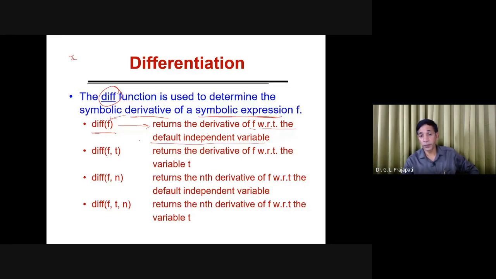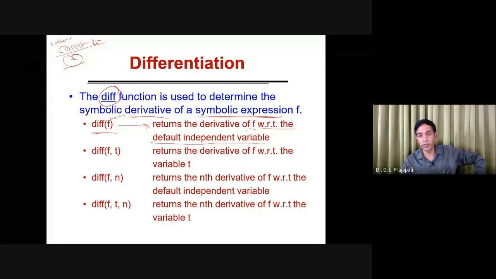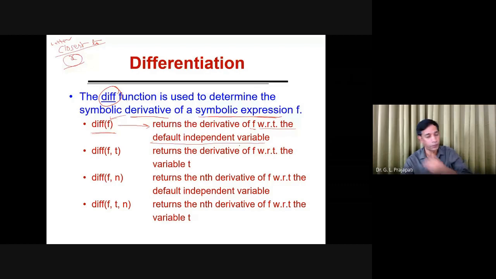But if x is not present, then the default independent variable in MATLAB is actually the letter which is closest to x. So whenever it says returns the derivative of f with respect to the default independent variable, which variable is your computer going to differentiate about? It looks for x.